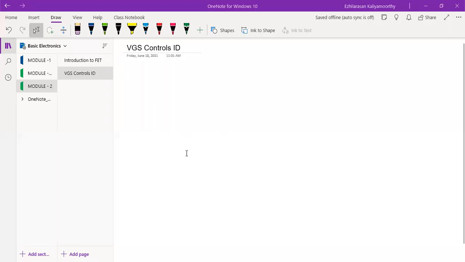Let us study now how the VGS controls the drain current, that is, how the gate to source voltage is controlling the ID current. For that, let us consider this figure.